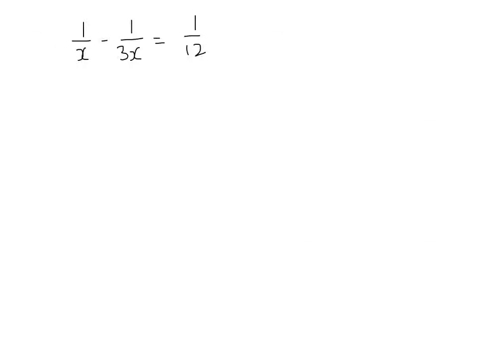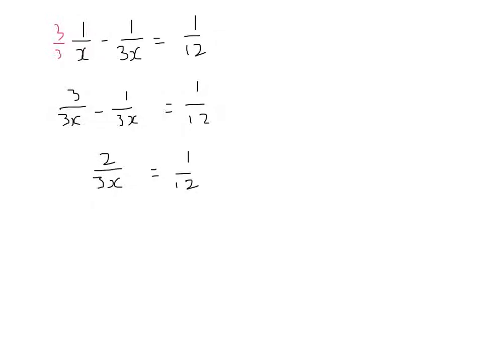So if I multiply the top and the bottom of this first one by 3, so that'll mean that this is 3 over 3x take away 1 over 3x equals 1 over 12. We have a common denominator here on the left hand side, so top numerator is 3 take away 1 is 2 over 3x equals 1 over 12.